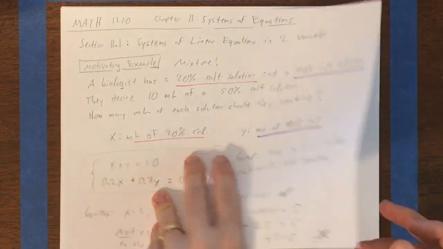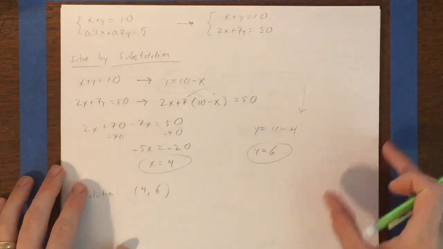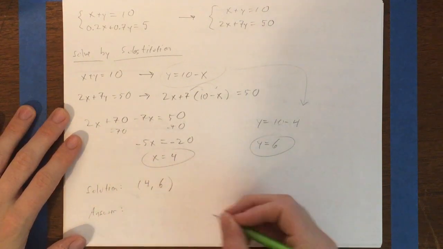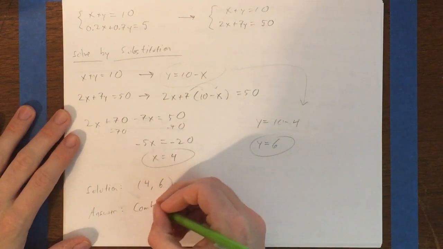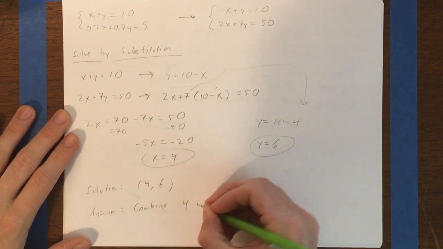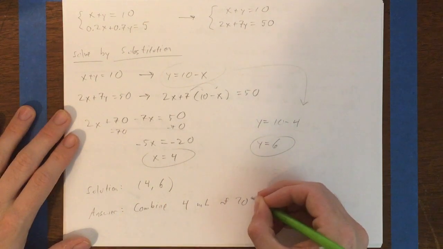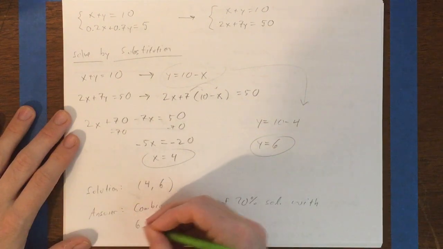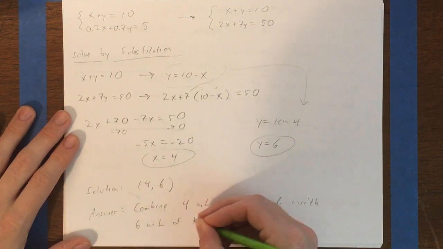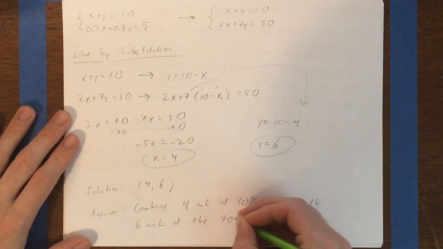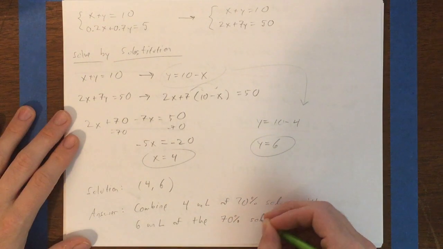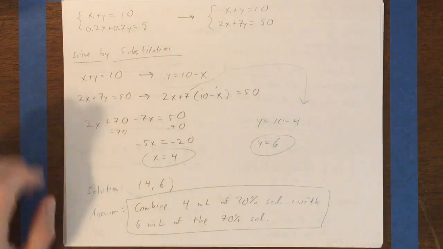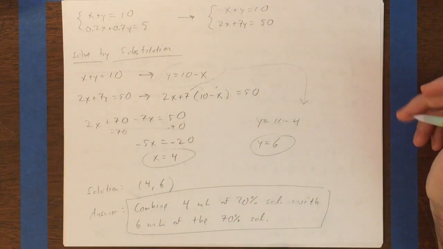So looking back at that information, we can write down our answer in the context, which is that we should combine 4 milliliters of the 20% solution with 6 milliliters of the 70% solution. And that's the real answer here, the one that answers the question we had originally posed.